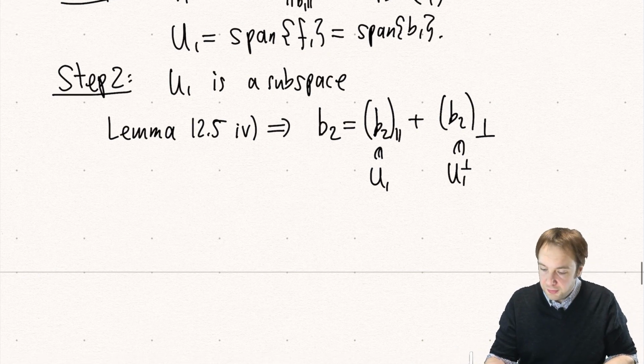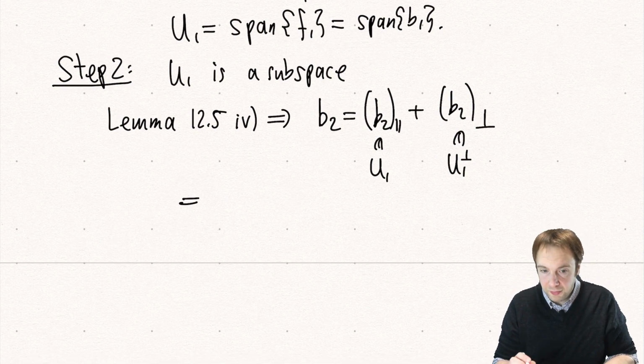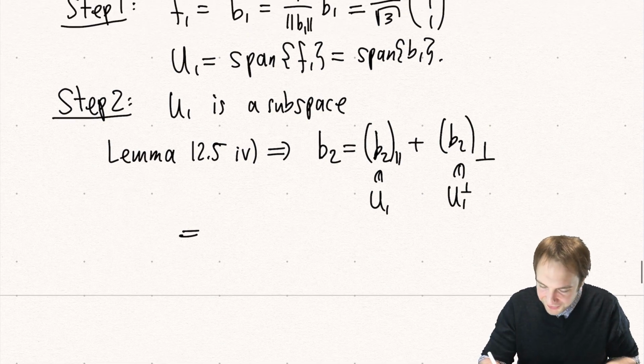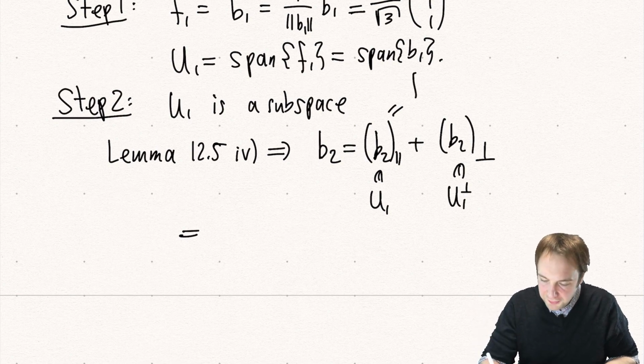And this here, by this formula, is just B2, the dot product with F1 times F1.